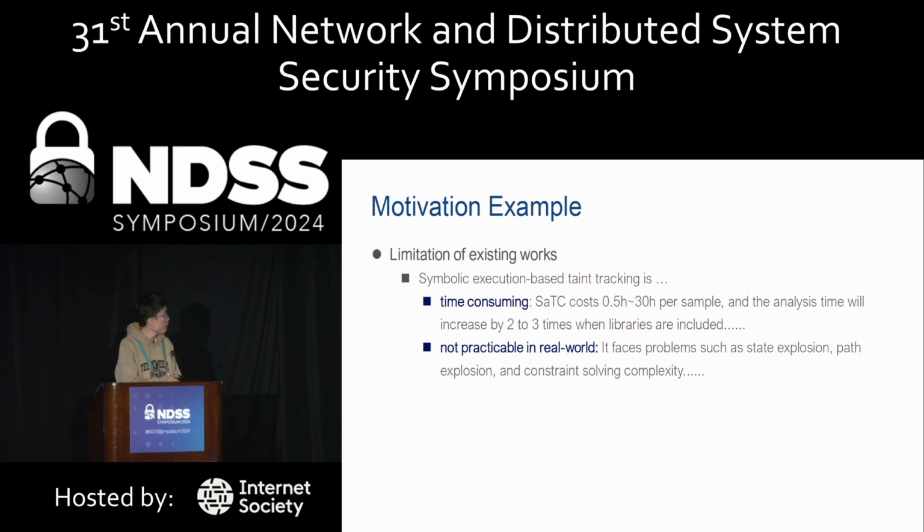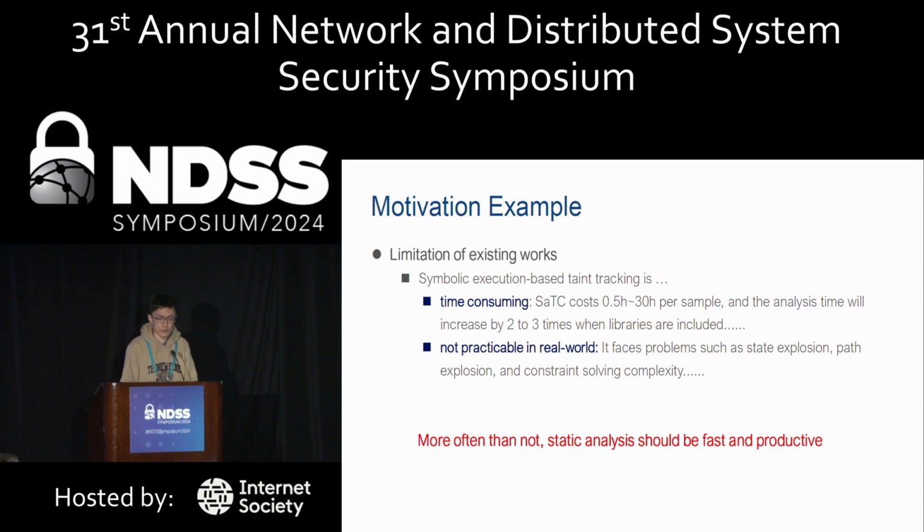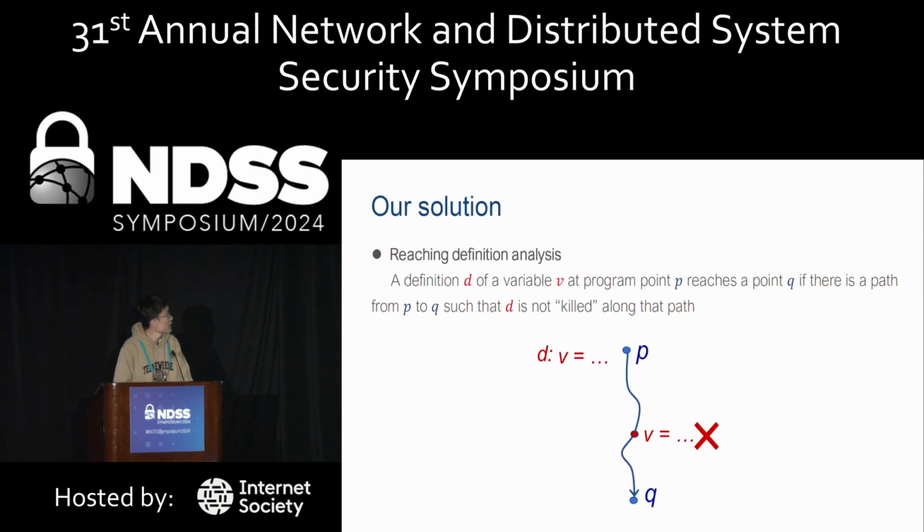So more often than not, we think static analysis should be fast and productive. So we are motivated to find a faster taint tracking scheme. Our intuition is to replace expensive symbolic execution by cheap data flow analysis. So we examined a classic technique, which is reaching definition analysis.